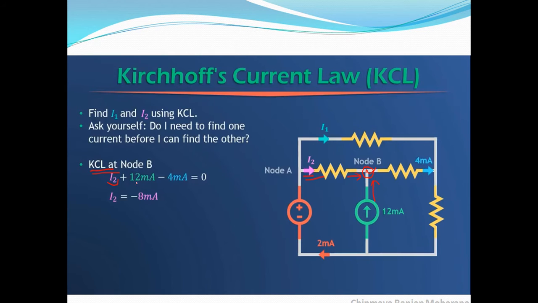That's why we call it positive. The next one is 4 milliampere, which is in this direction, outward from the node. That means it is called negative. Clear? So in this node, three currents are present, one here, one here, and one here, summing to 0. So according to node B, we find that I2 equals minus 8 milliampere.